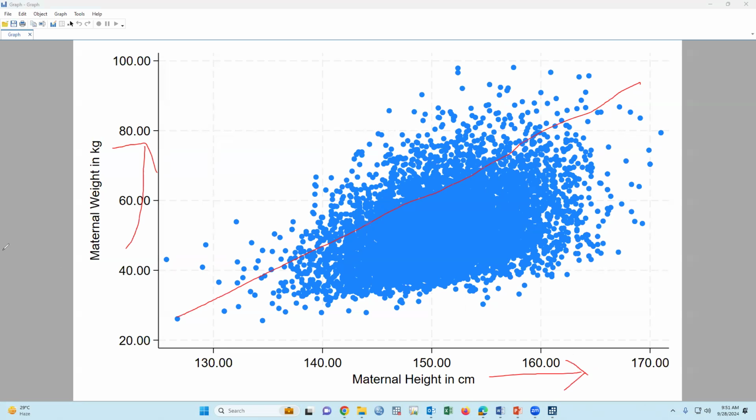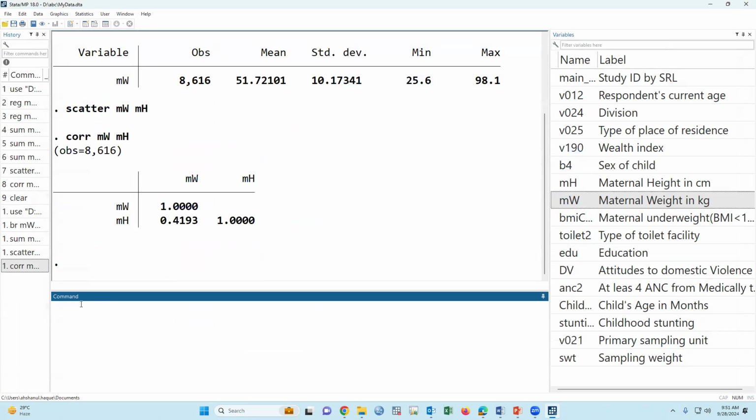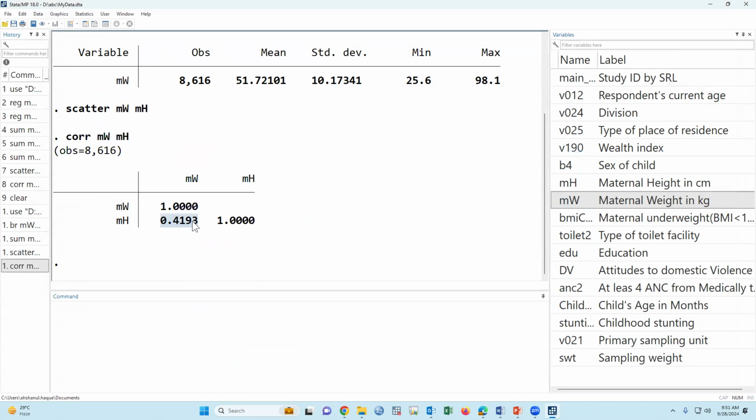Now, we can assess the correlation. Just type corr, correlation. Already we have discussed this in the previous session. So, in the correlation analysis, the correlation coefficient is 0.4. If the correlation is more than 0.8, then we can say that there is a strong correlation.